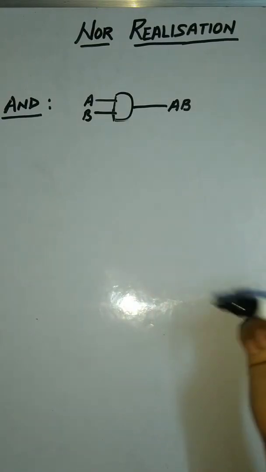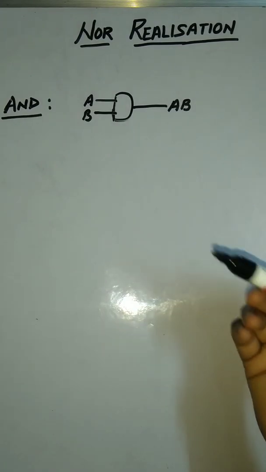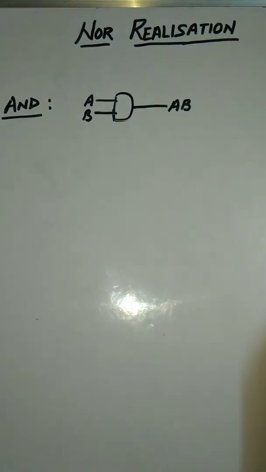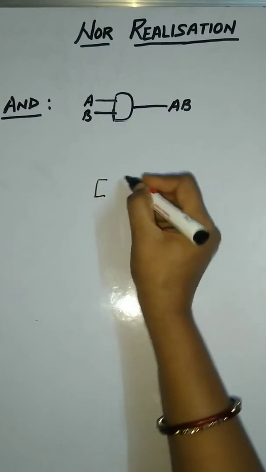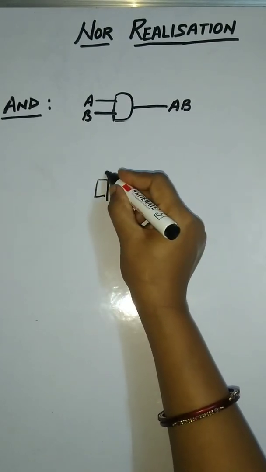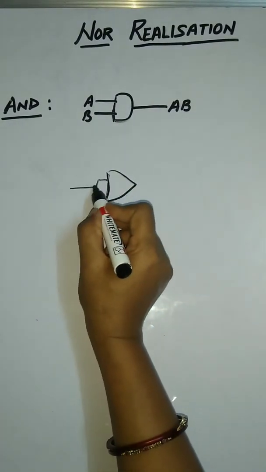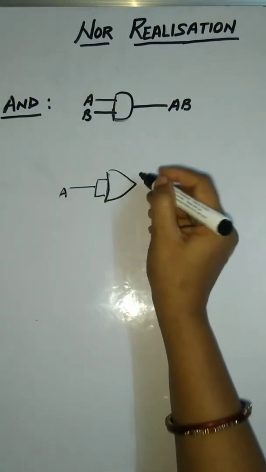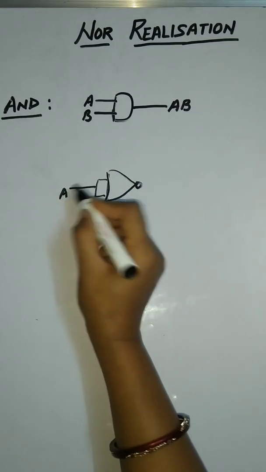Next is the AND gate. We have to implement this gate by using the NOR gate. So first of all we pass input A through a NOR gate which works as a NOT gate.